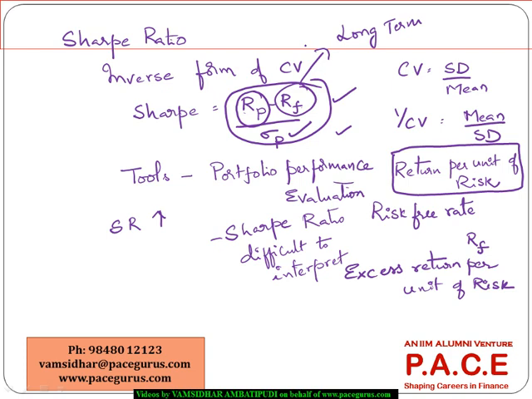And one more comment with respect to the Sharpe ratio is, it takes only one aspect of risk, which is the standard deviation. And as we have already looked at, standard deviation is an appropriate measure only when my return distribution is more or less symmetrical, because it takes both the upside as well as the downside.